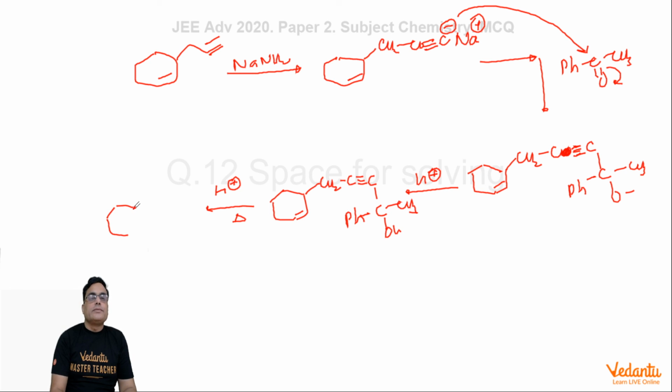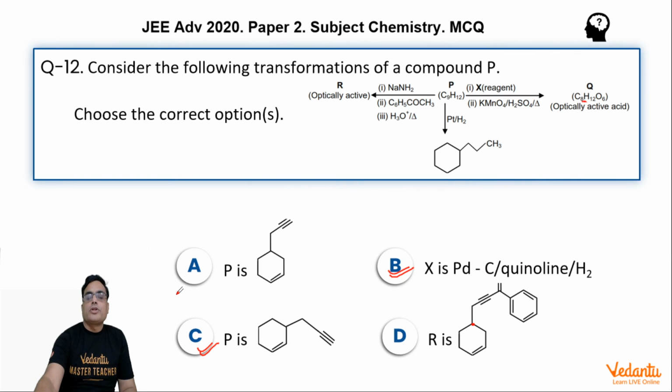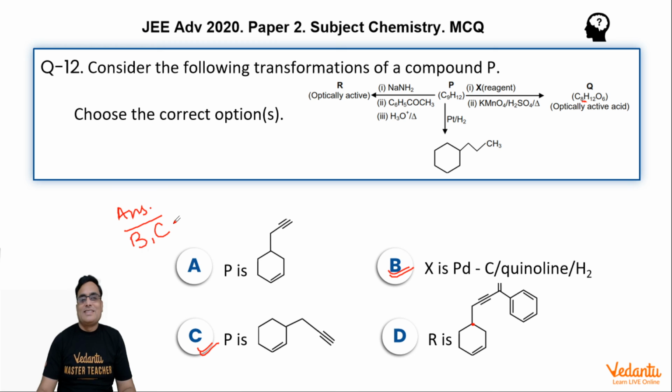So you get this product in which the double bond will be here and this is the benzene ring. This is actually R, and this R is not given in the last option D. Option D has a structure for R which is wrong. That means our answer for this question is options B and C. Understood?